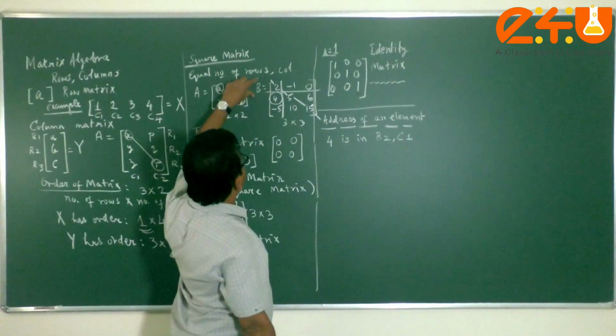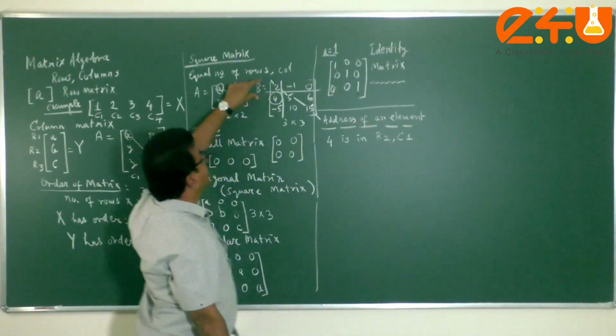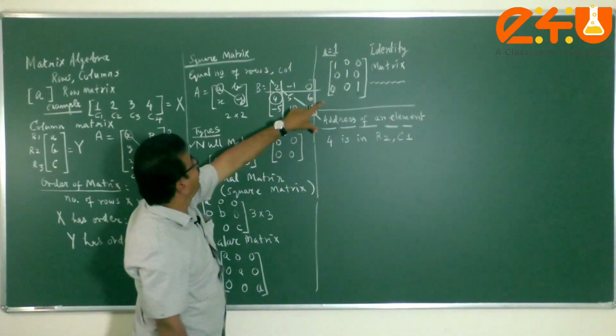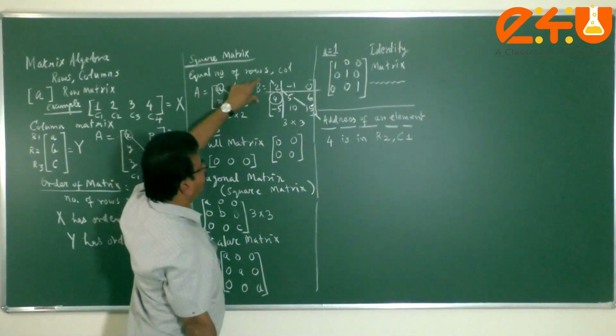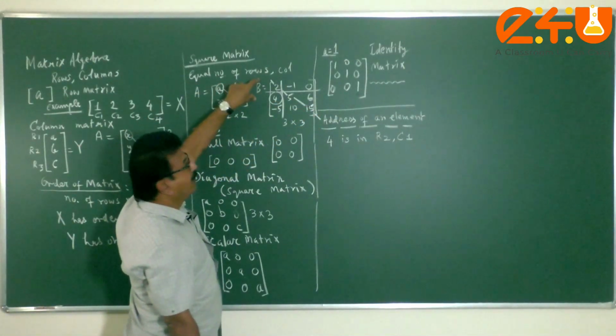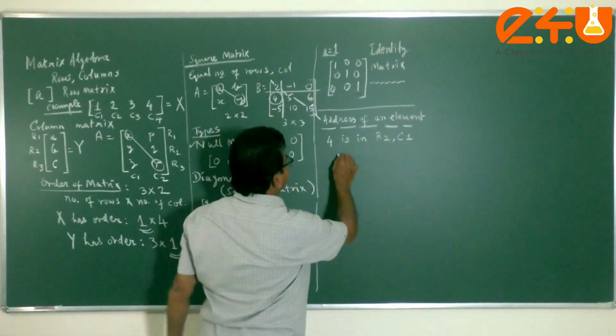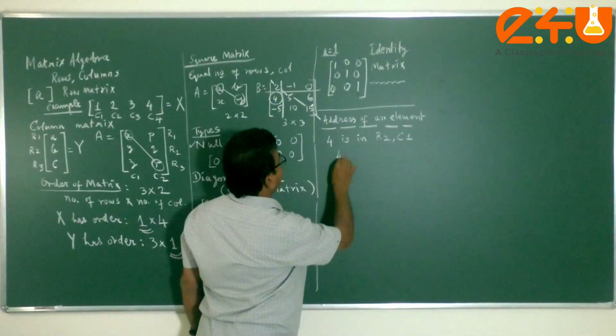So take the letter which represents the matrix. It may be capital A or capital B. Now use the lowercase of that letter to represent the element.